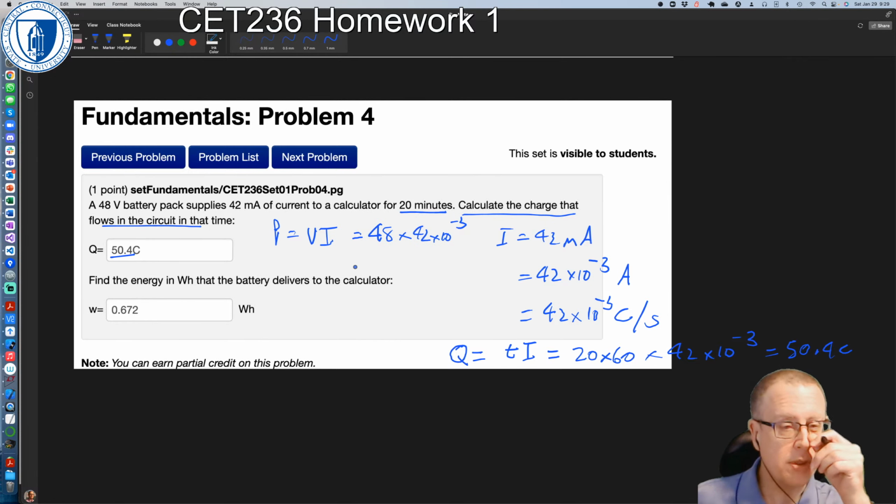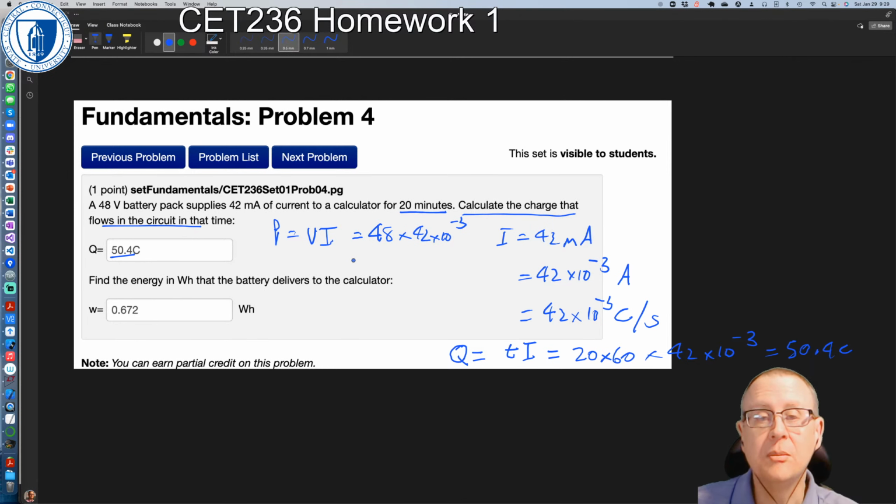We could go with milliwatts. That would be okay too, but the answer we're looking for here is watt hours, so we need to be in watts. So there's our power in watts, and the energy then is we need the energy in hours, right?